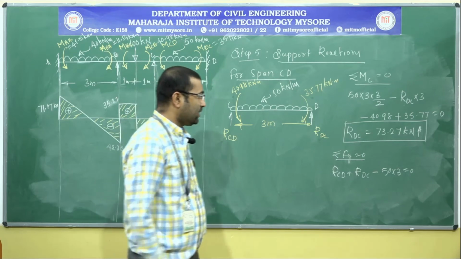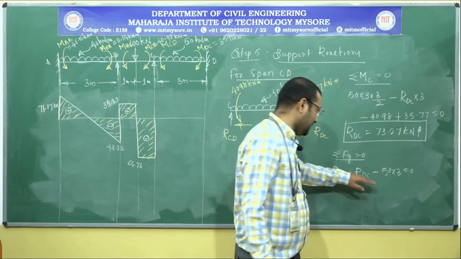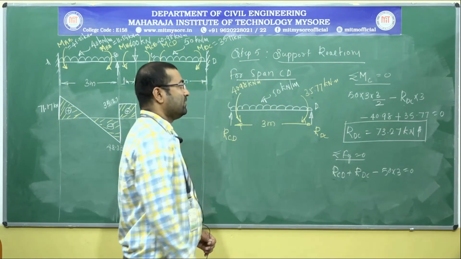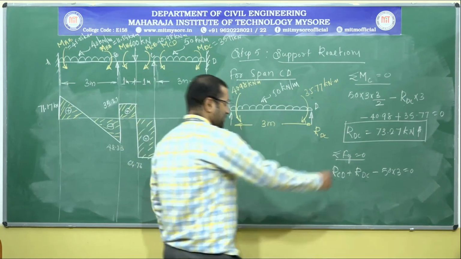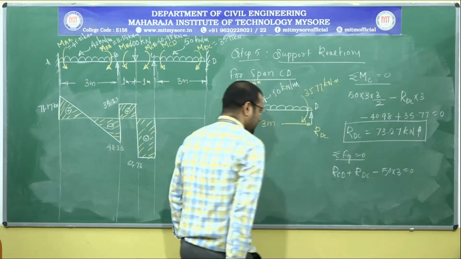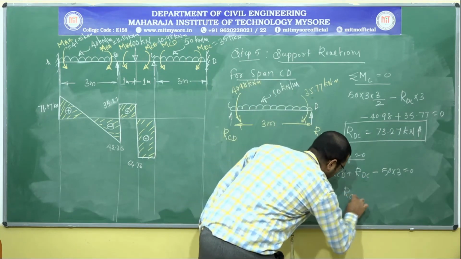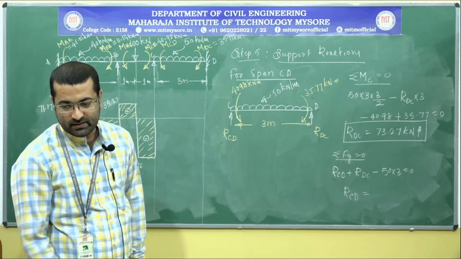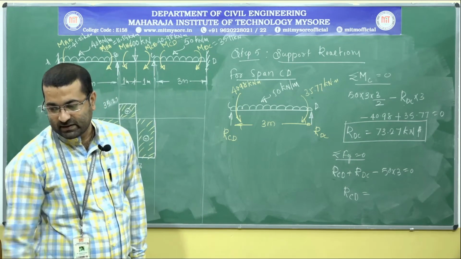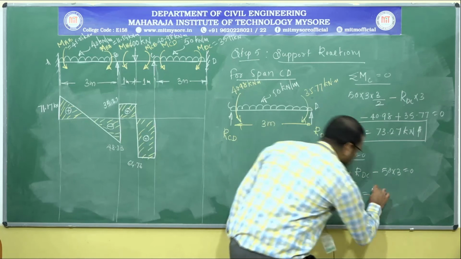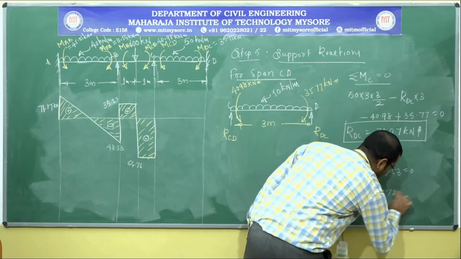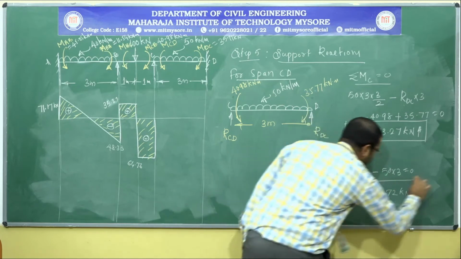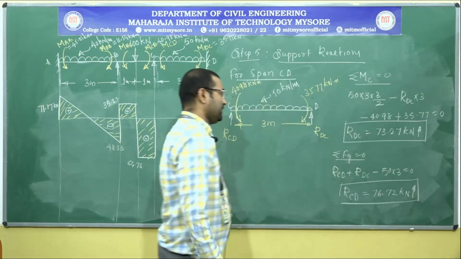In the equation we have two unknowns, RCD and RDC. RDC we have already calculated as 73.27. If I substitute the value of RDC here, I will get RCD as 76.72 kilonewtons, and this is also a positive value.